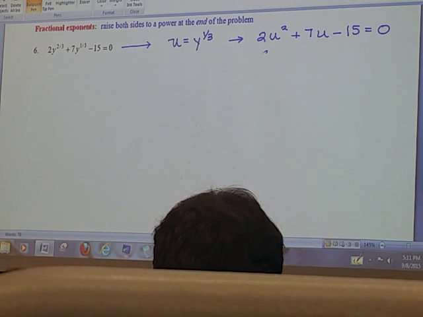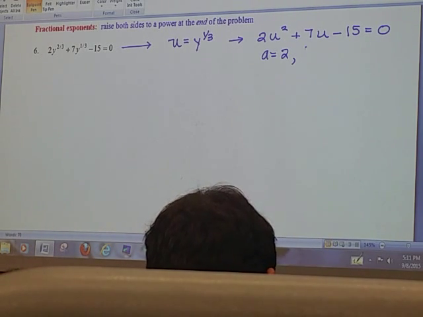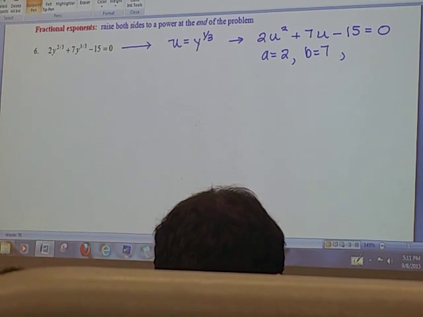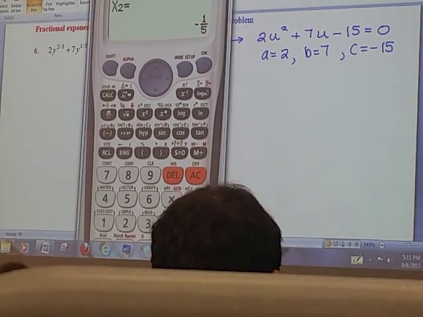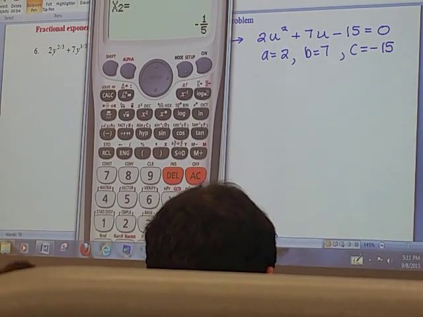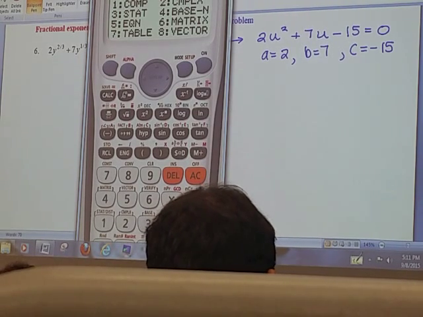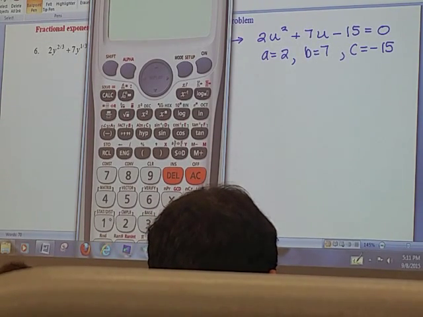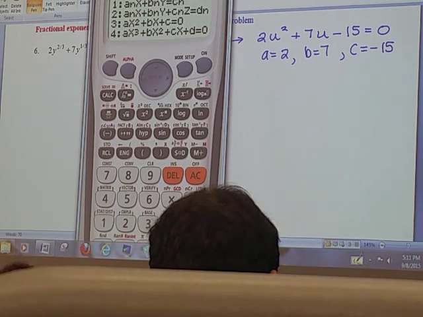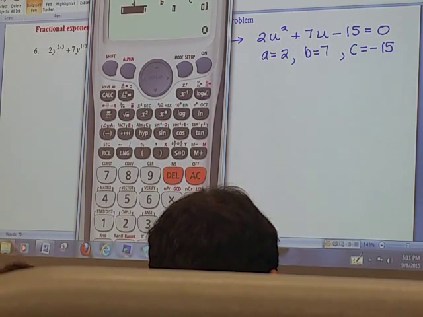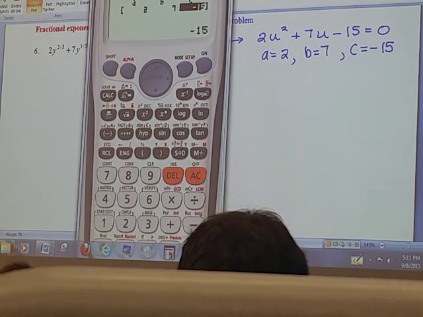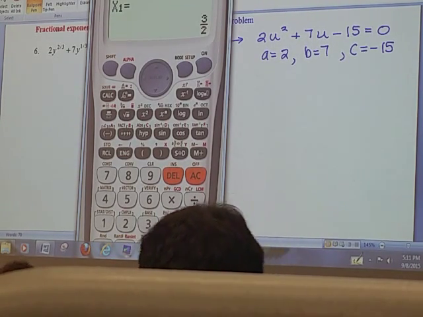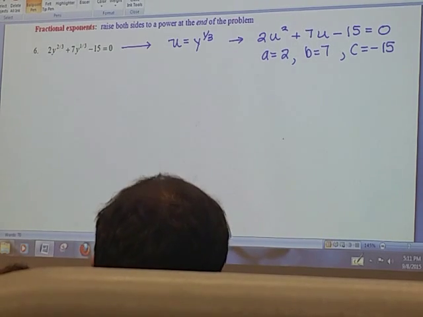Okay, so once again, it's 2, 6. So I have, oops, sorry, I'm going to go to equation number 3: 2, 7, negative 15. And I have 3 halves and negative 5.